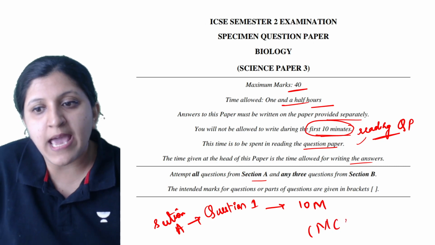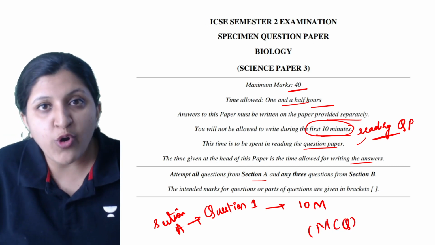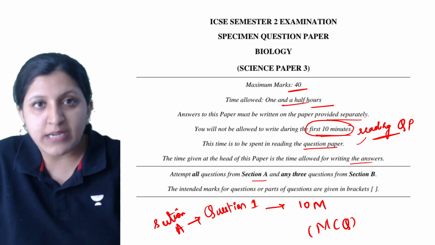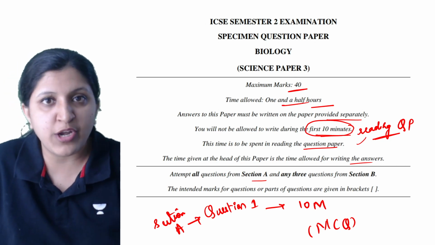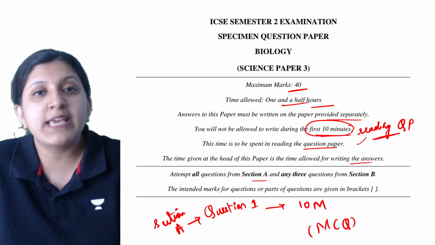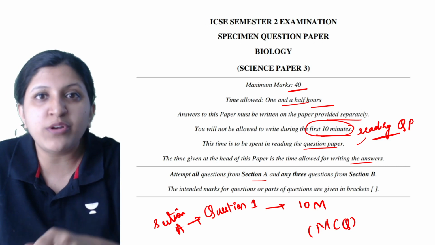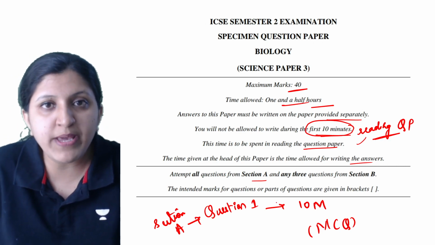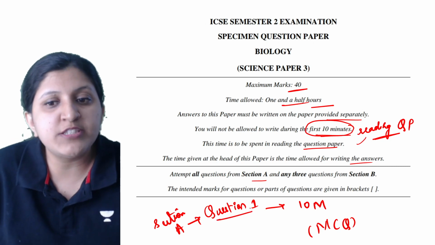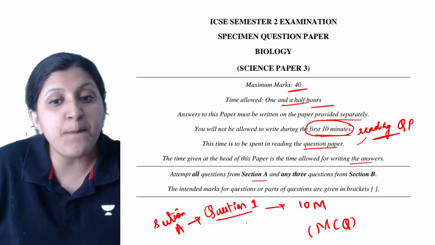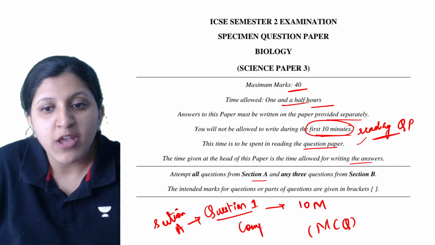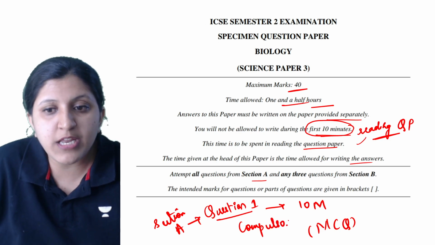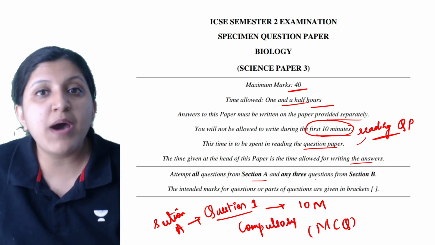MCQ in the sense they can ask you to name the following, or they can give you multiple choice questions with different options. Fill in the blanks can also be given with different options. Basically you will have multiple choice questions here with respect to question 1, and it is a compulsory question, a 10 mark question.